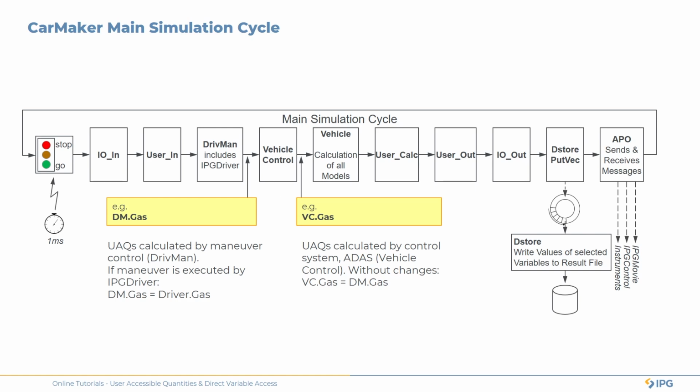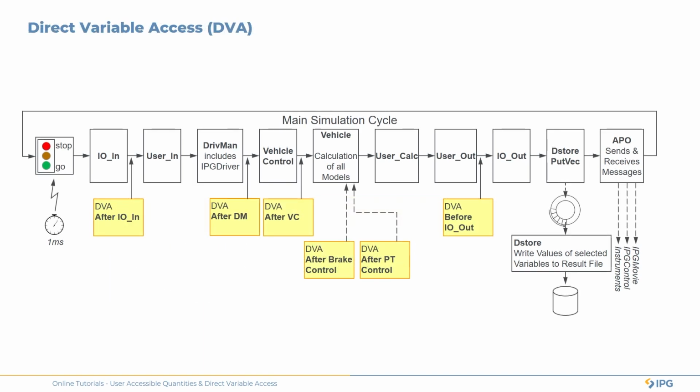If we want to not only read the values but also override the values, this time we could use DVA functions. There are many different possibilities. We can use DVA after the DM module or after the brake control module to read the UAQ's name and override the values. I will show some examples to explain the usage of the DVA function.